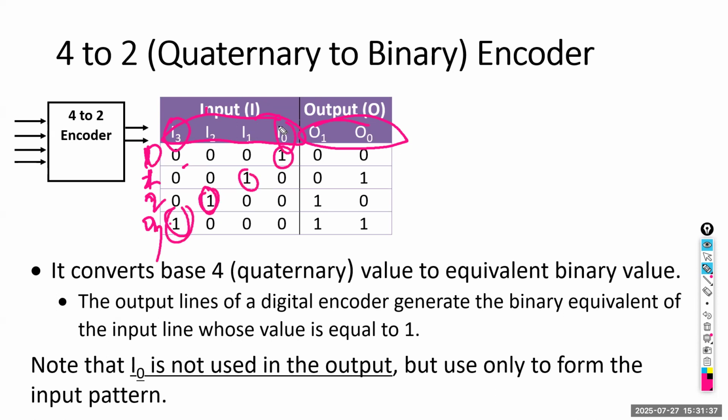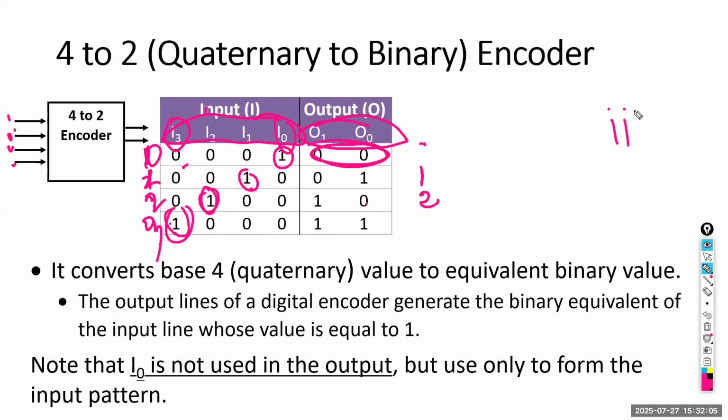And you can see when I0 is enabled, remember only one value can be 1, others are 0, your output is base 2, 0. When I1 is 1, this is base 2, 1. When I2 is 1, this is base 2, 2, because 1, 0 is 2. 2 to the power 0, 2 to the power 1. When only I3 is 1 and others are 0, it is 1, 1.